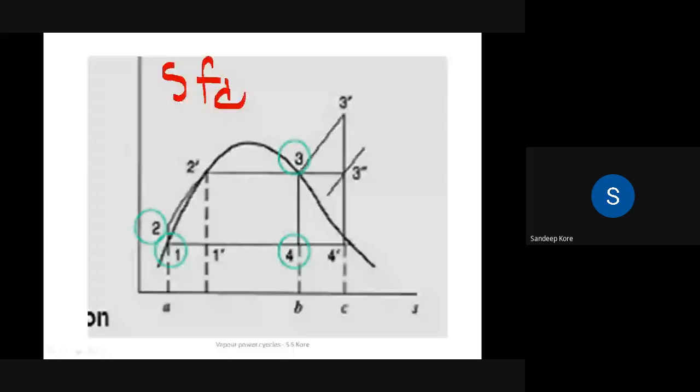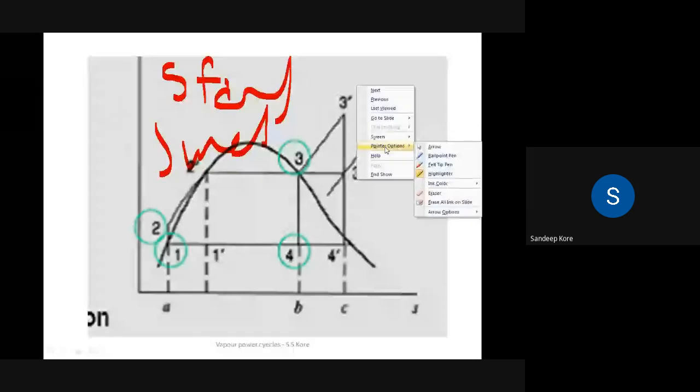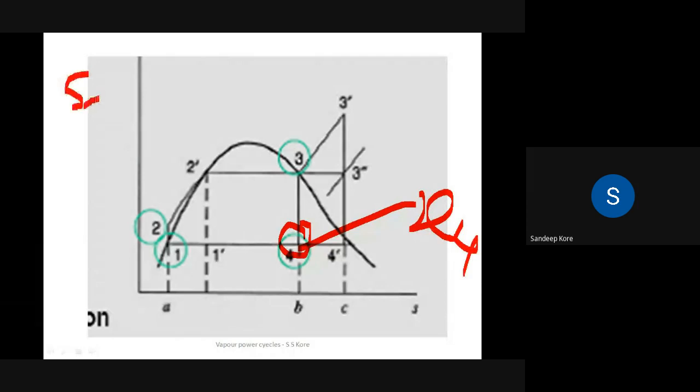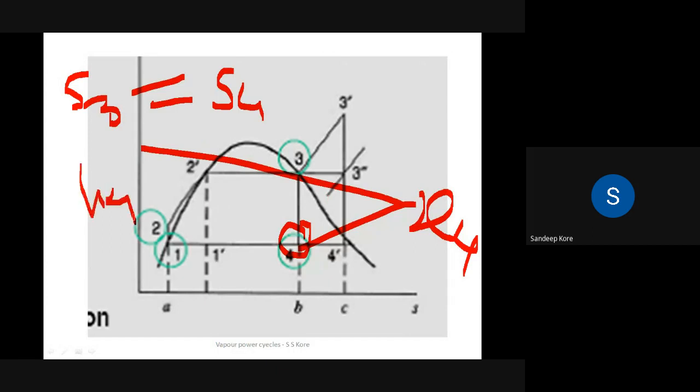In the same way, we can find the entropy of dry steam, entropy of wet steam, and entropy of superheated steam. So why do we need this data? Because at point 4, the steam is going to become wet. To find its dryness fraction x4, we have to equate S3 equal to S4 and then get the dryness fraction. After that you can find H4.